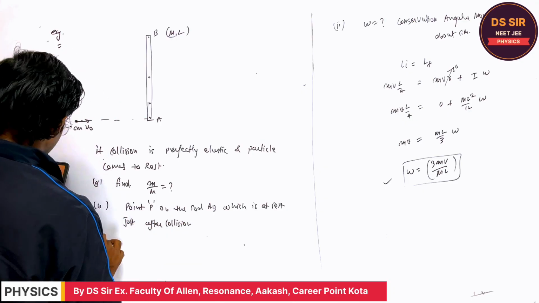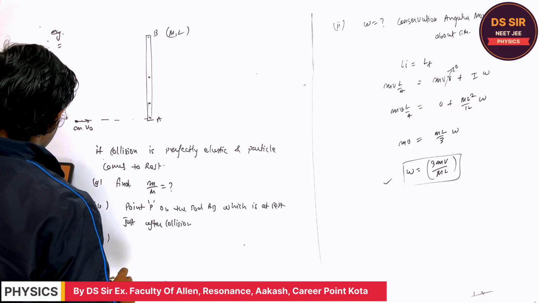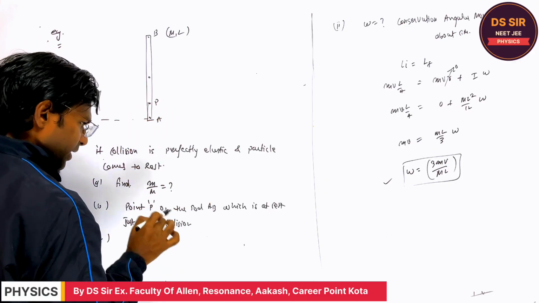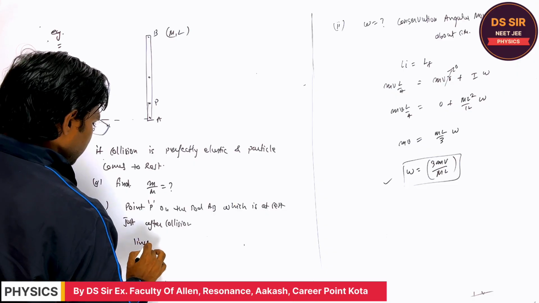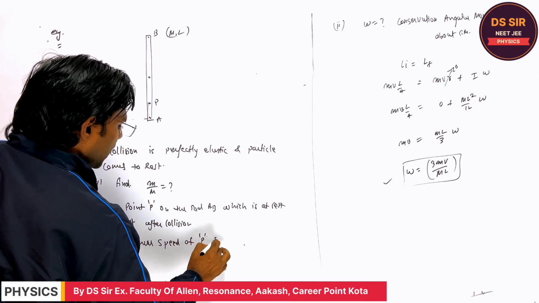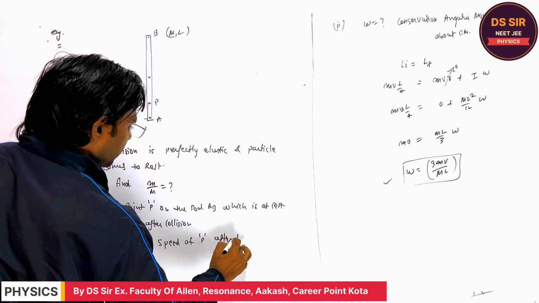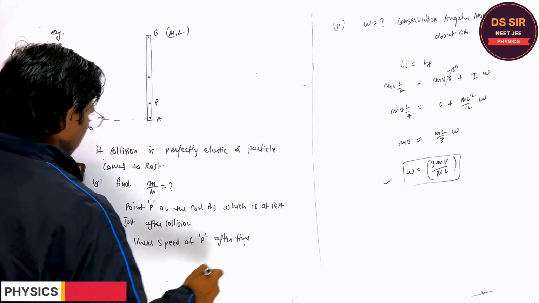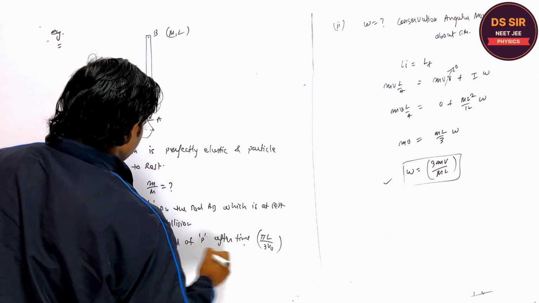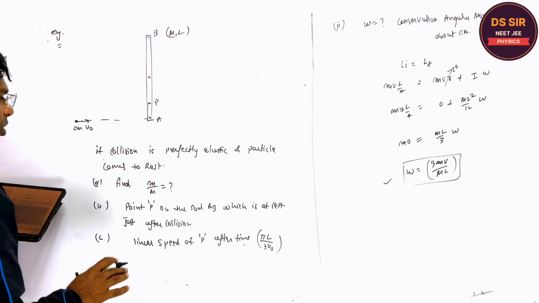Find part C, the linear speed of the point P, which is at rest, after time πL upon 3V naught. This is the time. Is it clear or not?